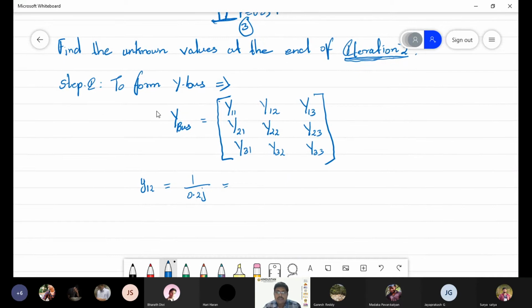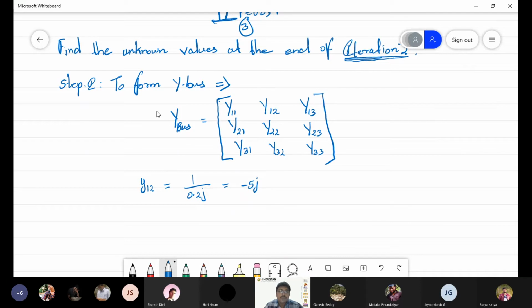If you are using an FX991 or FX100 calculator, it will be easy. These calculators were allowed in our university examinations, any end semester examinations. If you substitute 1 divided by 0.2j in complex mode, you can use j directly, and the calculator will give the solution as minus 5j.